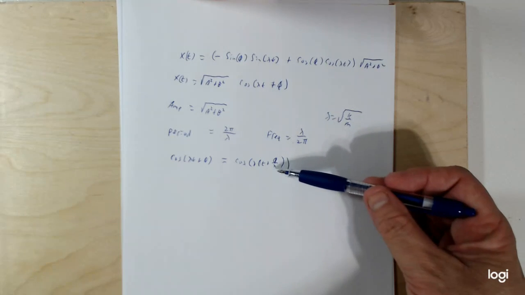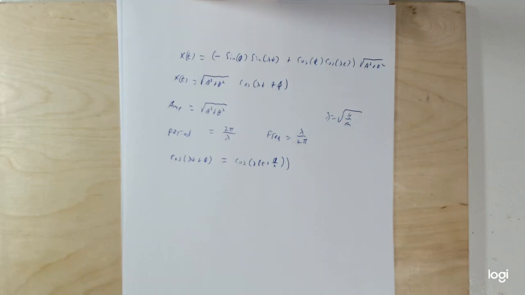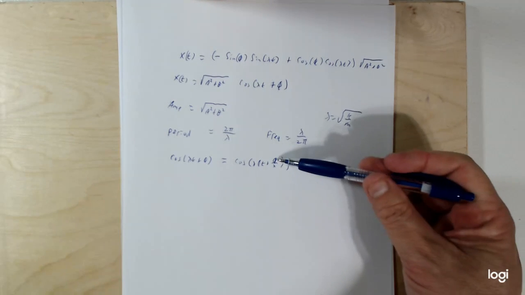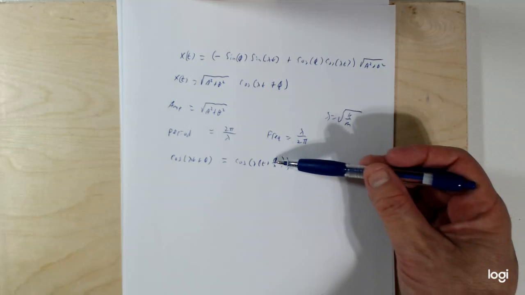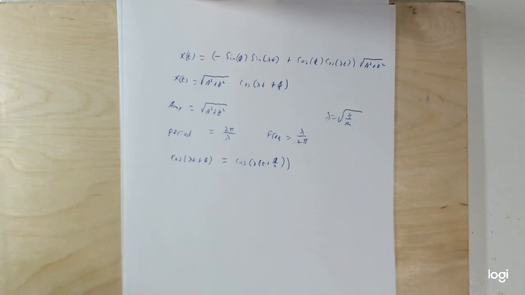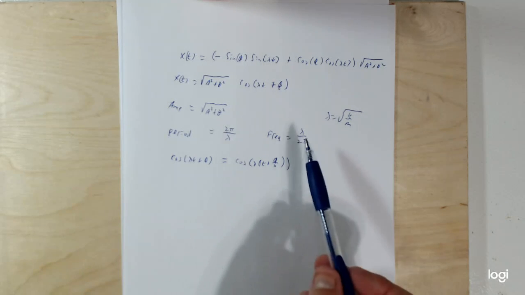This phi over lambda is called the phase shift. And it's simply where in the cycle do you begin the thing? So this is a cosine curve, but you start halfway through the curve or a quarter of the way through the curve. So when you hear the term phase shift, it's really talking about that angle over lambda as to how far out of sync it is. That one we're not going to worry about too much. We are worried about, though, the period and the frequency.